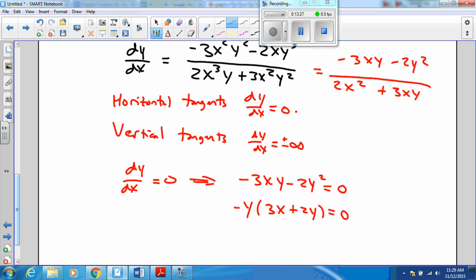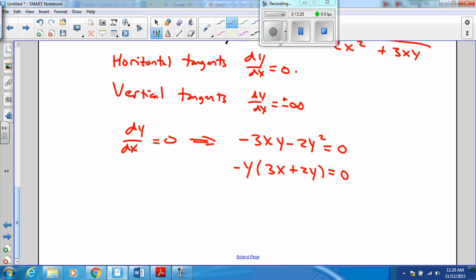That's exactly right. Now, we're going to solve this using our zero product property. If I multiply two things together and get 0, one of them has to be 0. So either negative y is equal to 0, or 3x plus 2y has to be equal to 0.